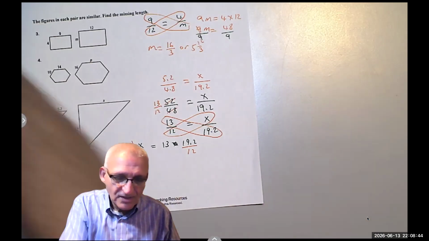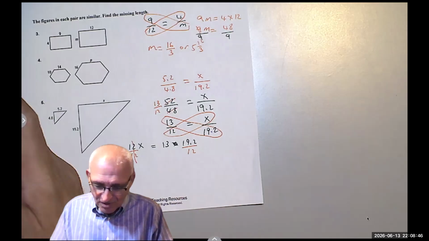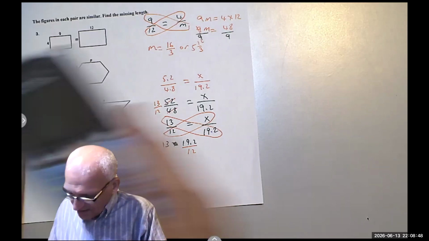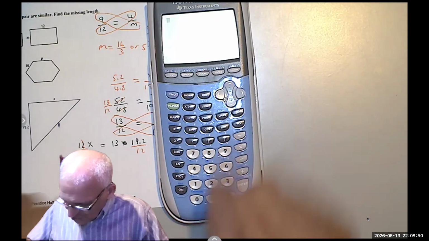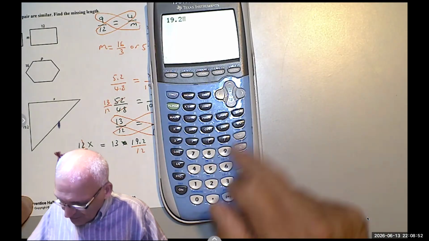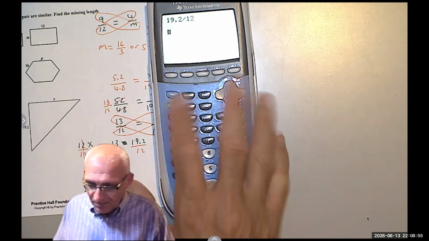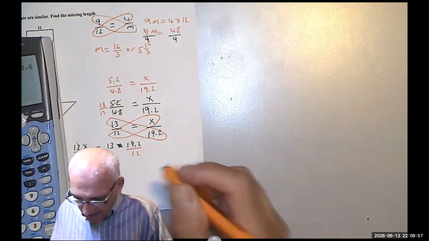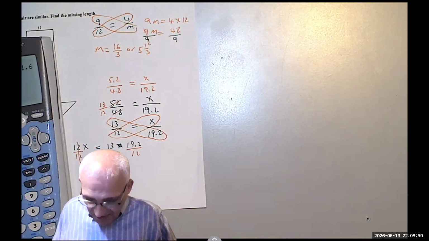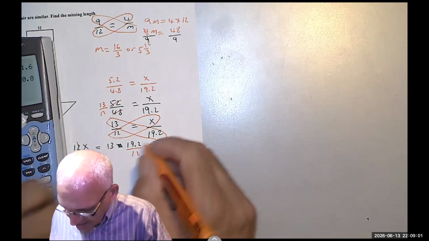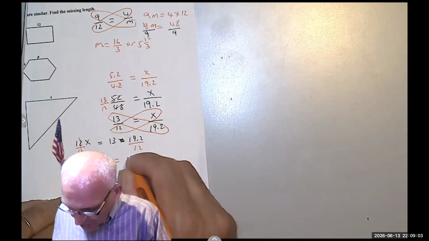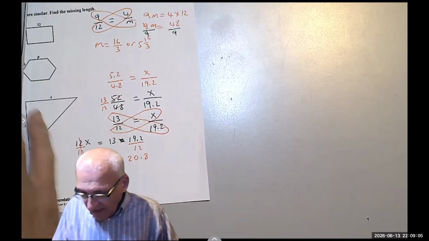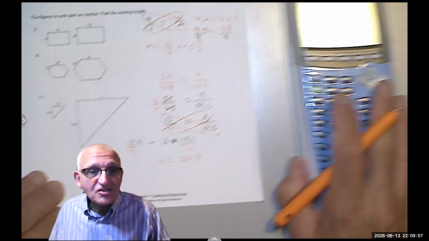Use the calculator if you are not sure. 19.2 over 12 is 1.6. And 1.6 times 13 is 20.8. So x equals 20.8.